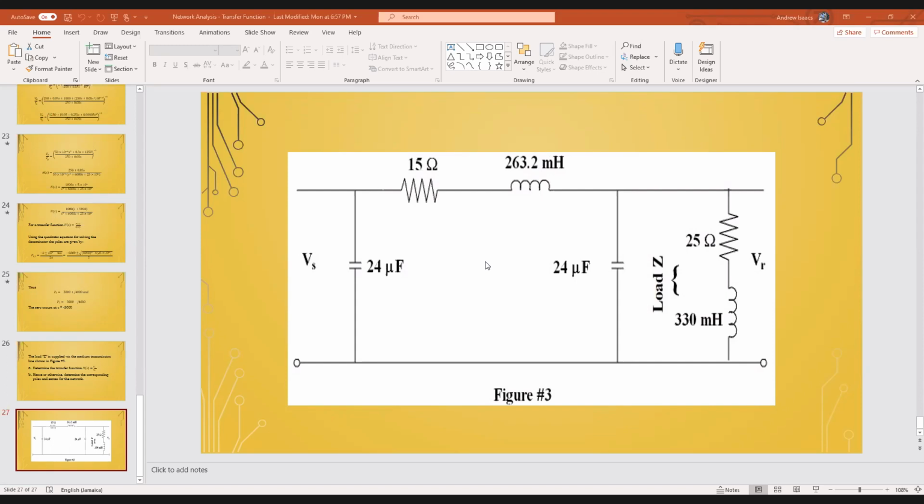Okay, sir. I found the capacitor and the branch with the resistor and inductor.